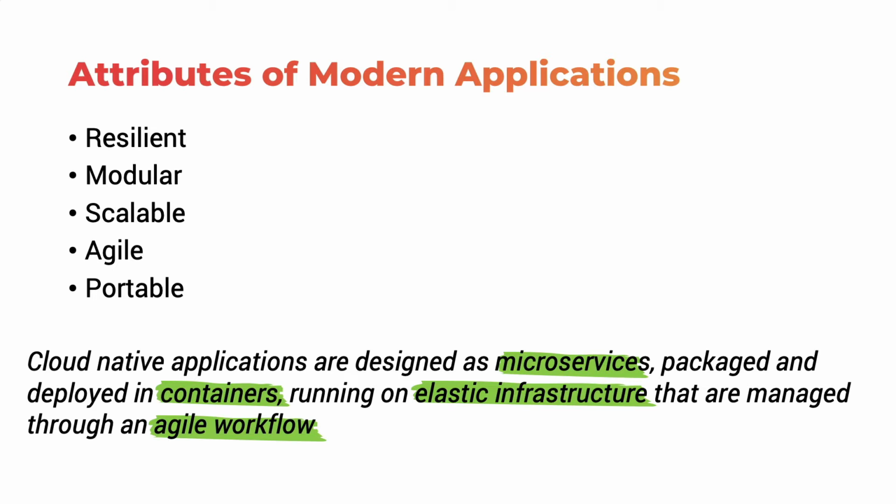They are agile. You can ship products, features, and iterate over them pretty rapidly. And they are portable. You target one environment, you can easily move over to the other because you have a standardized mechanism of packaging, deploying, and managing them. So these are the core attributes of modern applications, also called the cloud native applications.